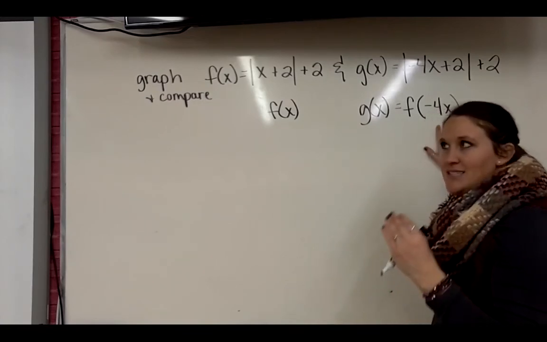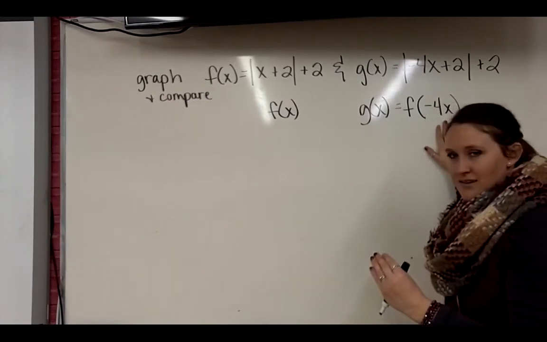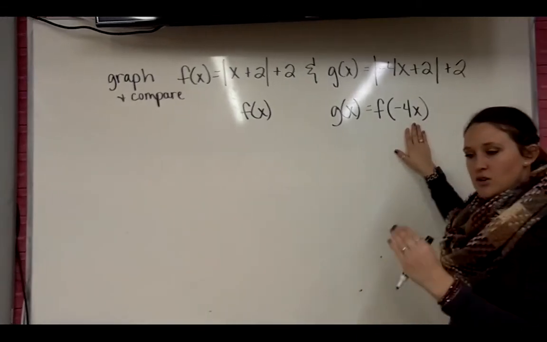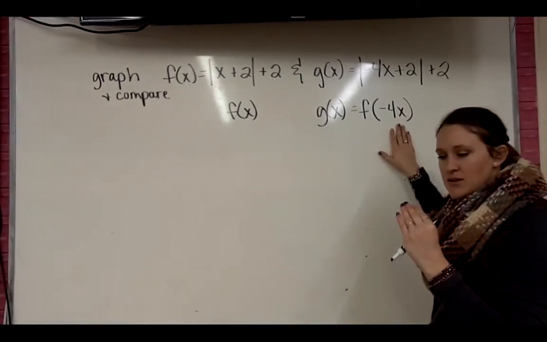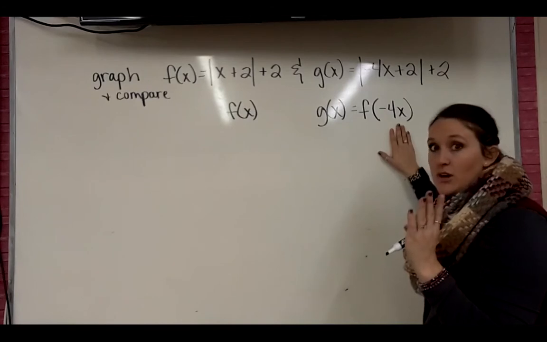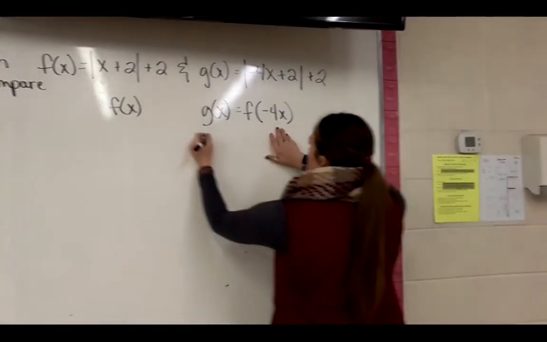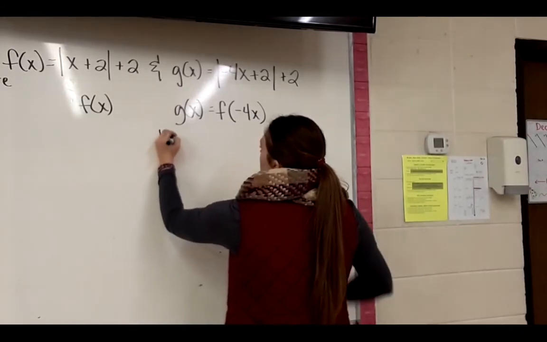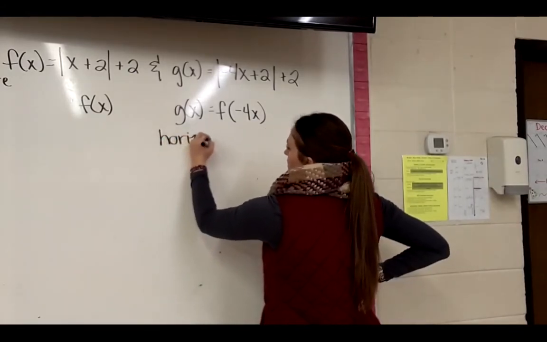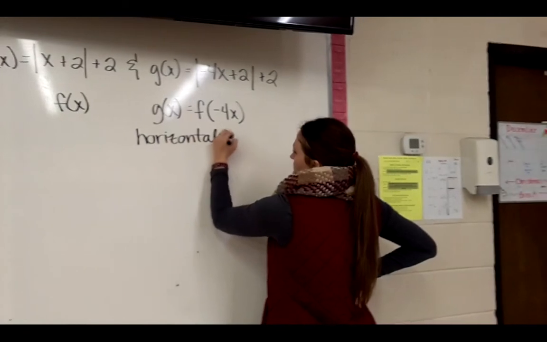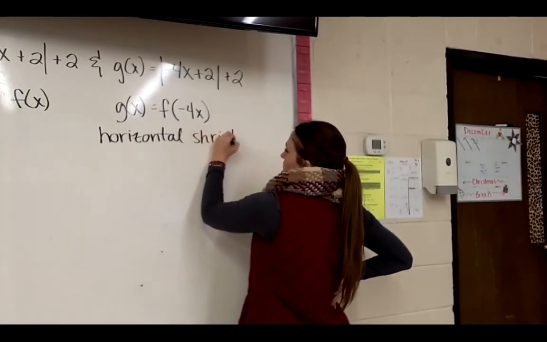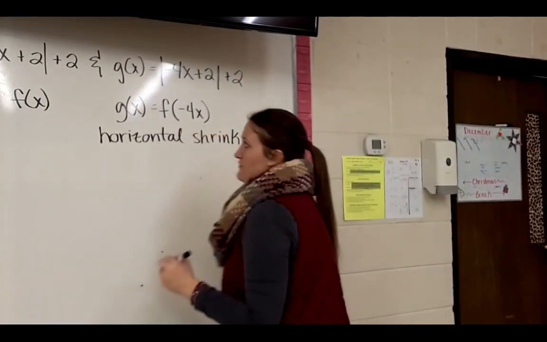When it's a whole number inside, that tells me it's a horizontal shrink. Sorry, I'm getting confused with the vertical one. We know that already from the problem. Now let's graph them.